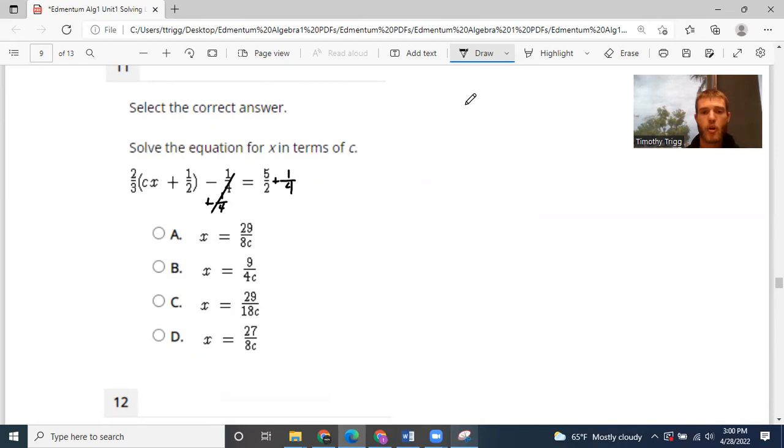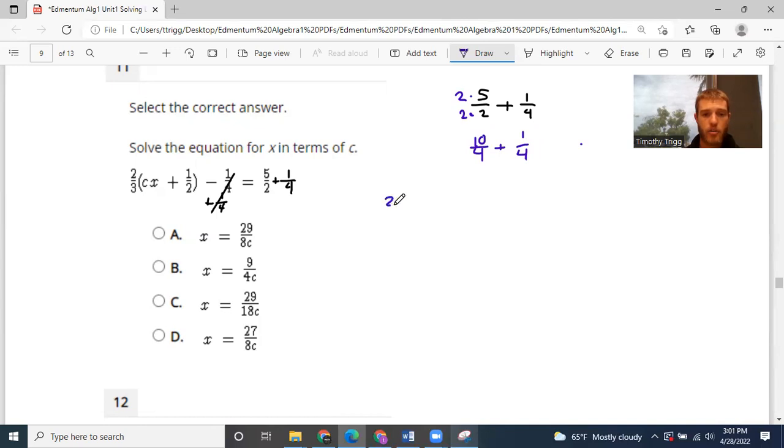So on the side here, I'm going to write 5/2 plus 1/4. To add fractions, you need a common denominator. So in this case, my common denominator is going to be fourths. This second fraction doesn't change. It's already in fourths. But this one, you needed to multiply by 2 to get to a 4 here. So that's 10/4 plus 1/4.